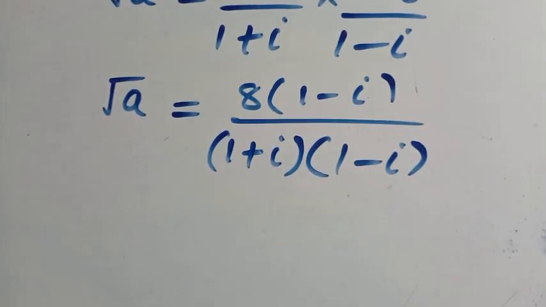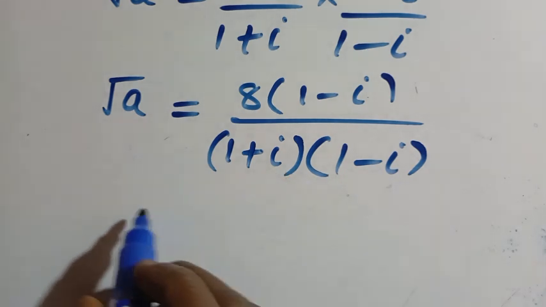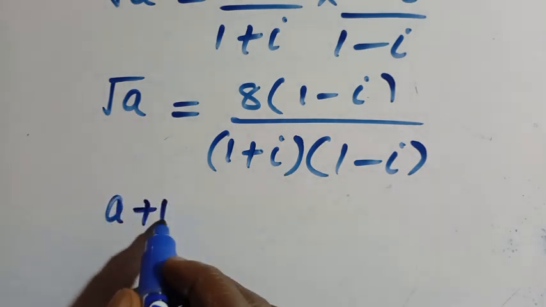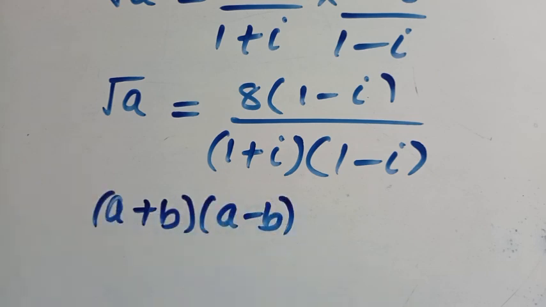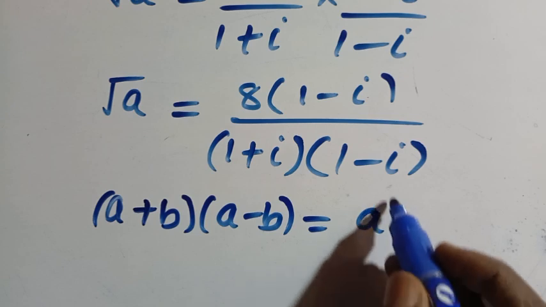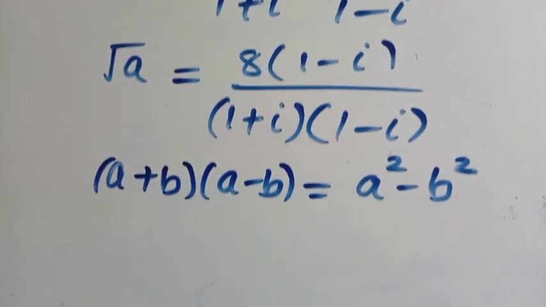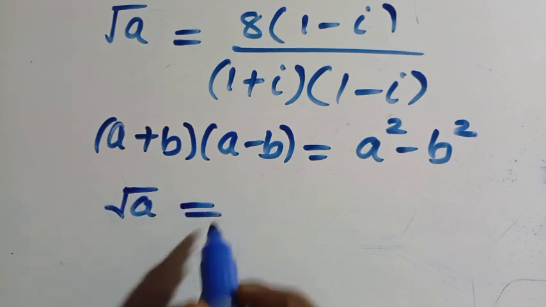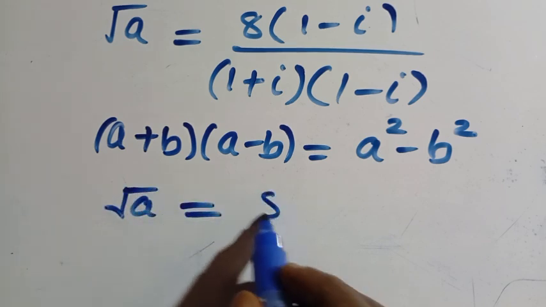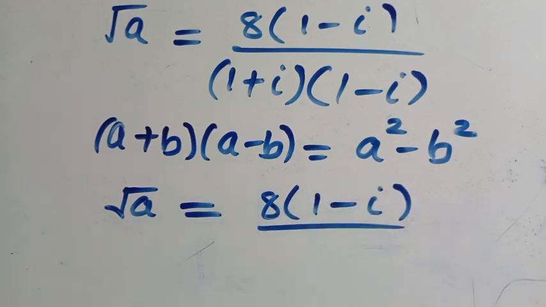And from here, let's consider this expression under here. Suppose we have a plus b multiplied by a minus b. So this gives us a squared minus b squared. And here we have square root of a equals 8 into bracket of 1 minus i divided by, 1 times 1, that is 1.